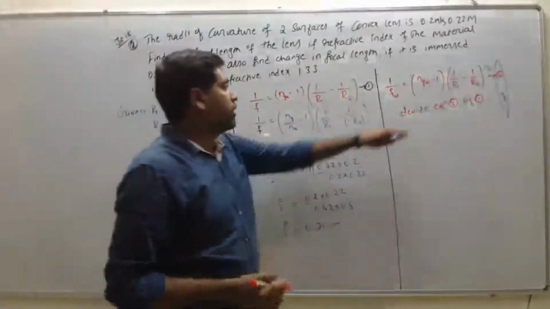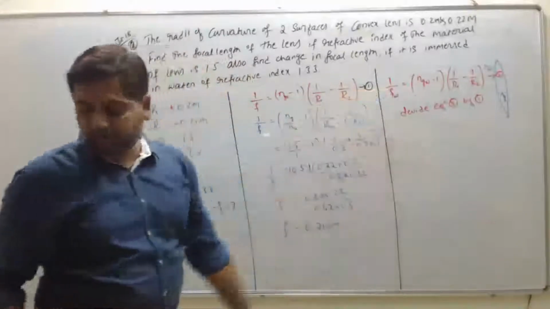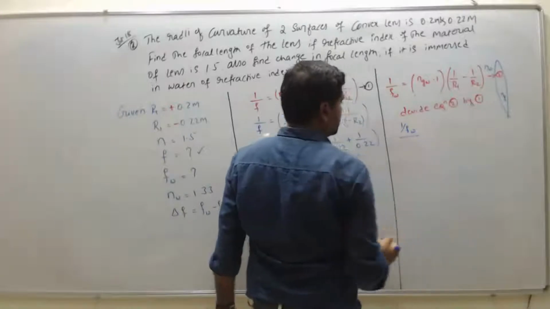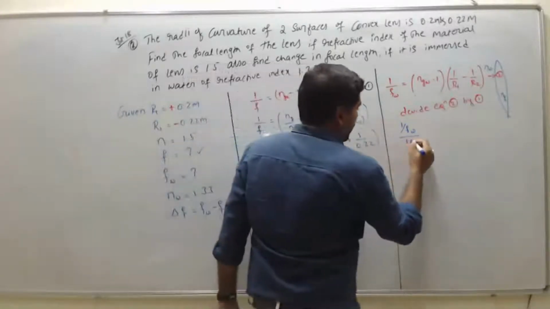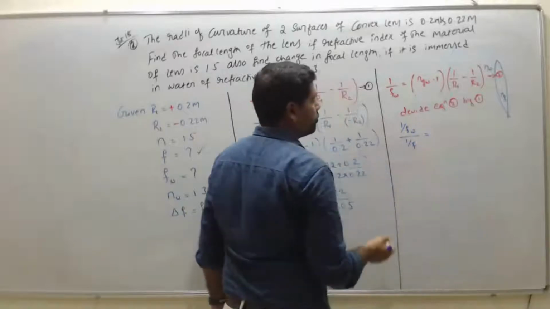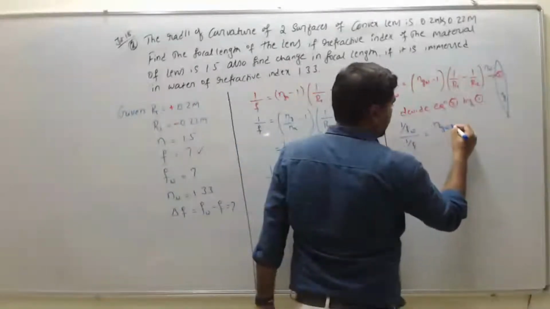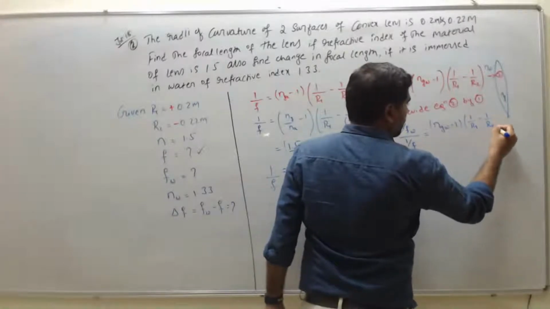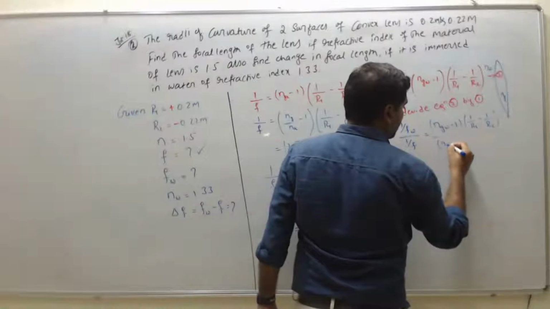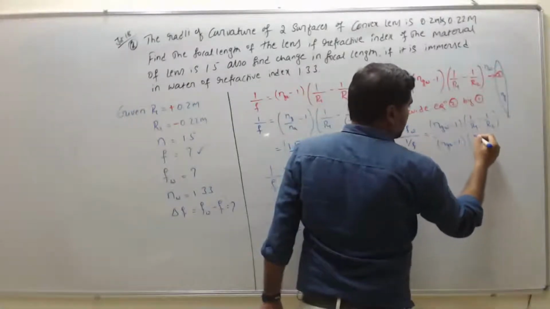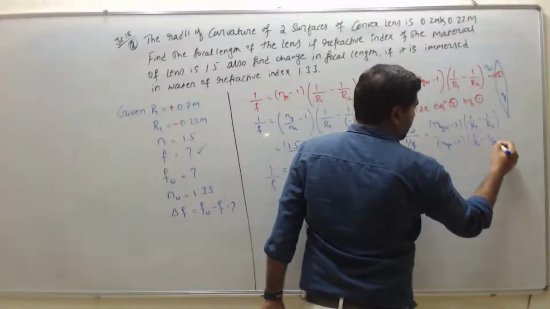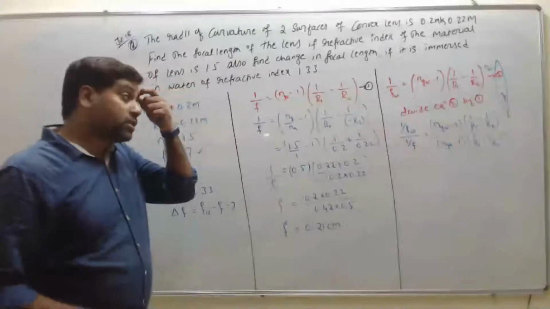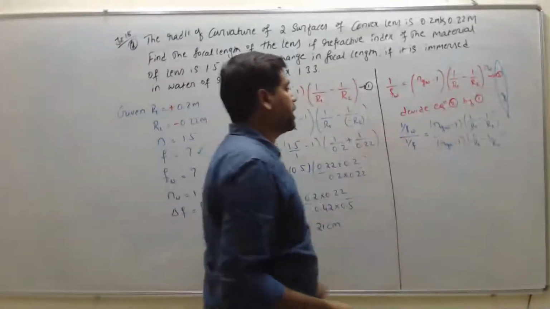So dividing this equation by this equation, in the numerator it becomes 1 divided by Fw on the LHS divided by 1 divided by F, that is equal to (n_gw minus 1) into (1 by R1 minus 1 by R2) whole divided by (n_ga minus 1) into (1 divided by R1 minus 1 divided by R2). So the radius of curvature of the lens is constant, then we can cancel.